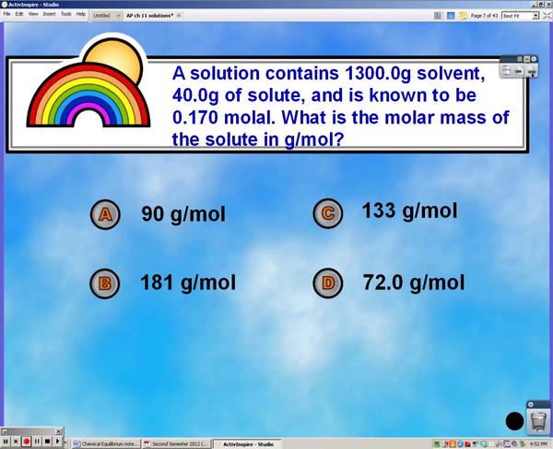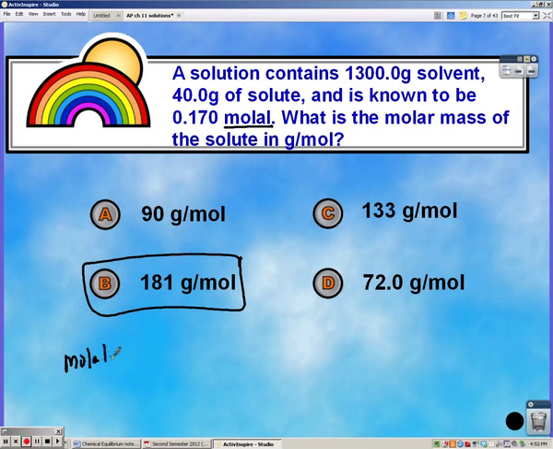Go ahead and pause the video and try this one on your own. If you got B, then that concludes this video. If you did not get B, then keep watching and see how we get B. They gave us a molal solution, so we're using molality equals moles of solute over kilograms of solvent.